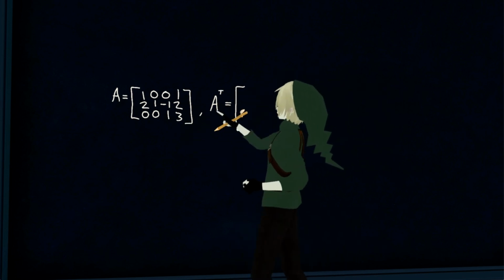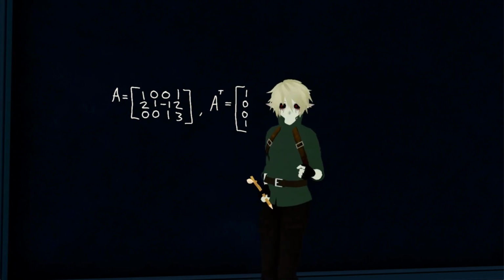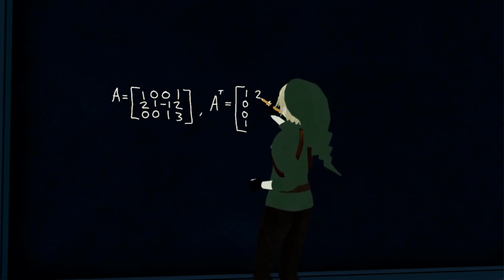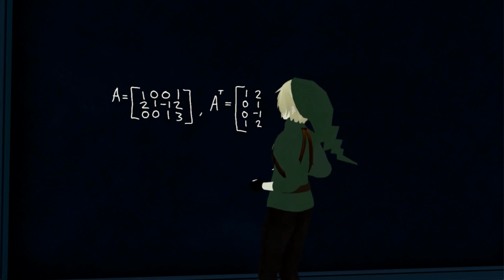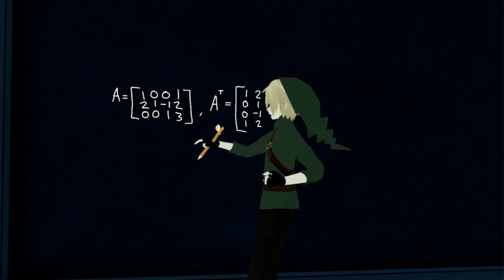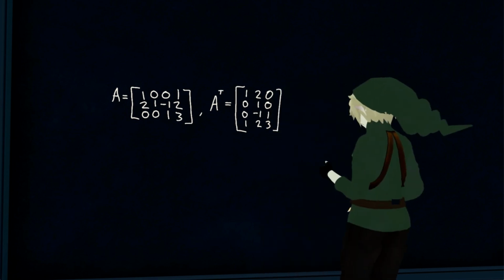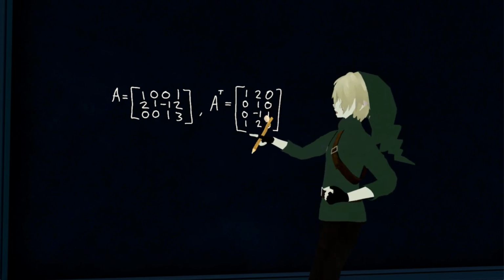So now we have 1, 0, 0, 1, 1, 0, 0, 1. Okay? And then we're going to have 2, 1, negative 1, 2. Then next we have 0, 0, 0, 1, 3. Okay? And there you go. That's the transpose of A.